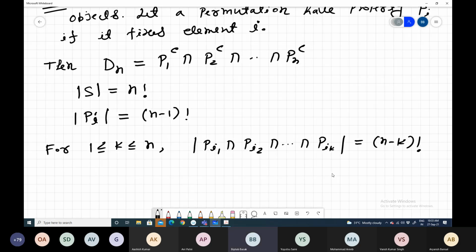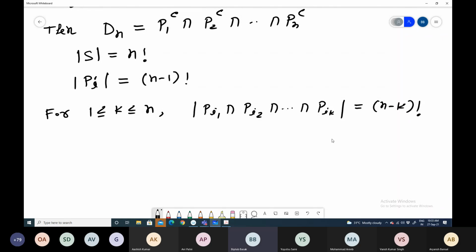Now we can just use the simple inclusion-exclusion formula.